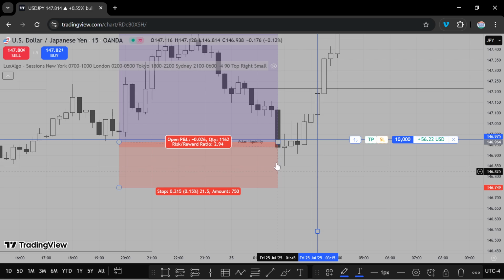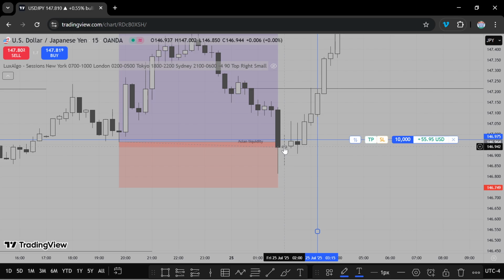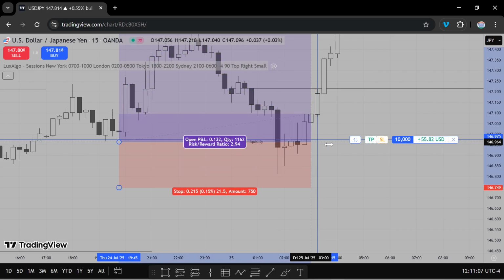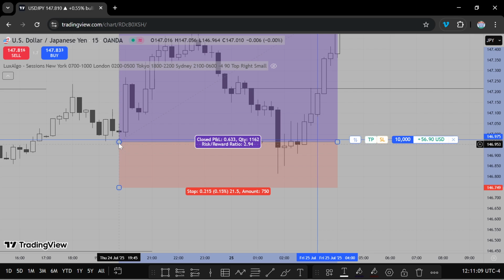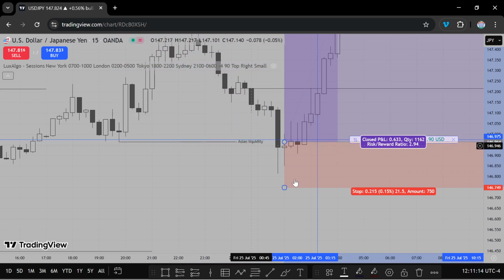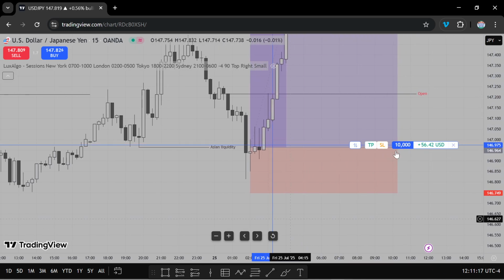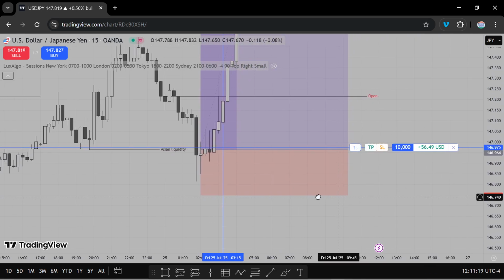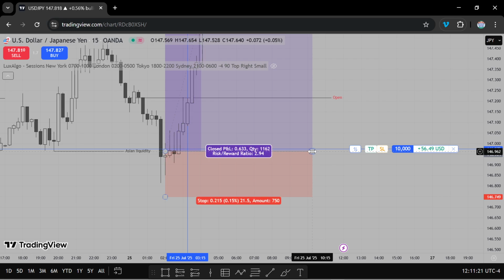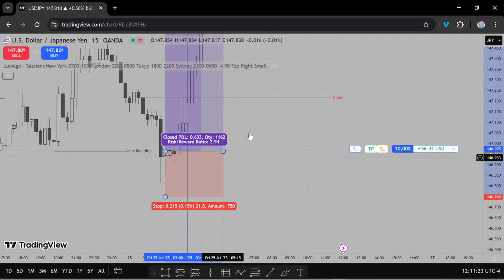And I saw this wonderful rejection here, and I saw this rejection as this candle closed, and there was absolutely no reason for me not to enter the market. You can wait for more confirmation, but the market has, number one, the liquidity and the support to go higher.